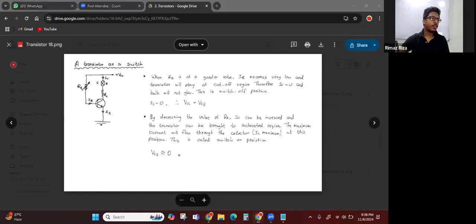Actually, VCE is 0.1 V, so we can consider it approximately equal to 0. So when a transistor saturates, VCE is always 0.1 V or approximately 0.